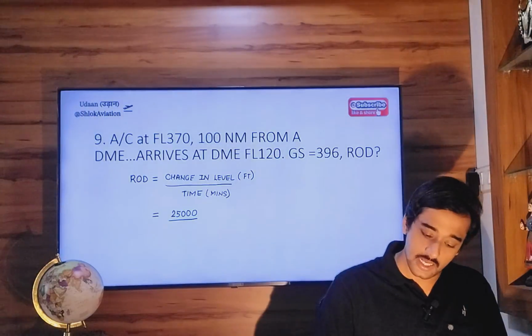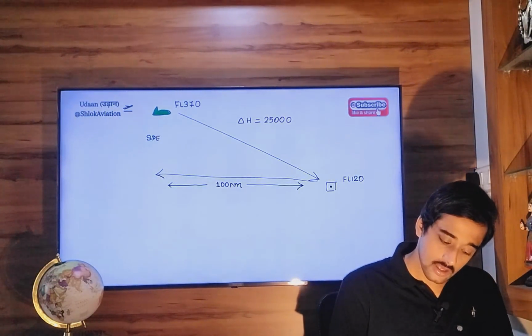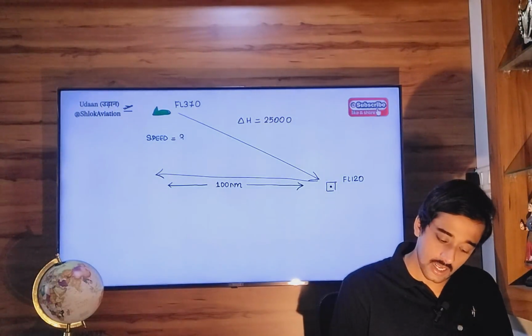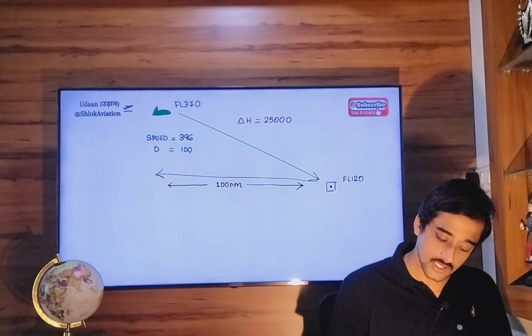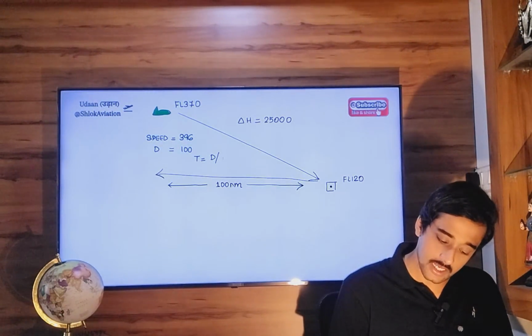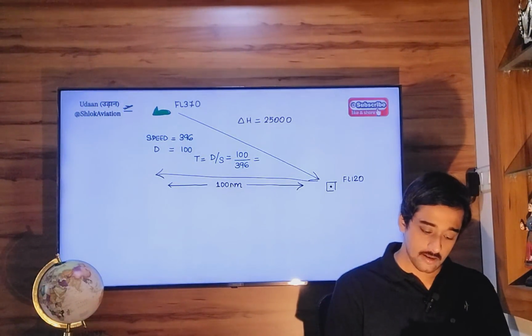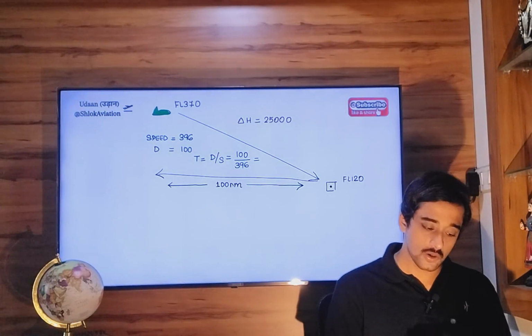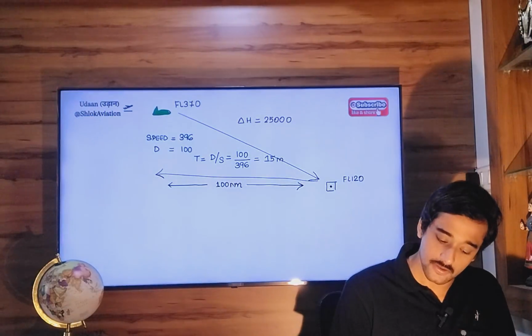Speed is 396 knots. Distance is 100 nautical miles. So time will be equal to distance divided by speed, 100 divided by 396. So that is equal to 15 minutes.